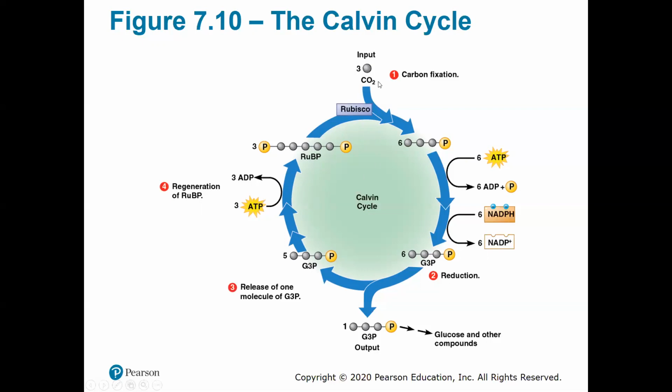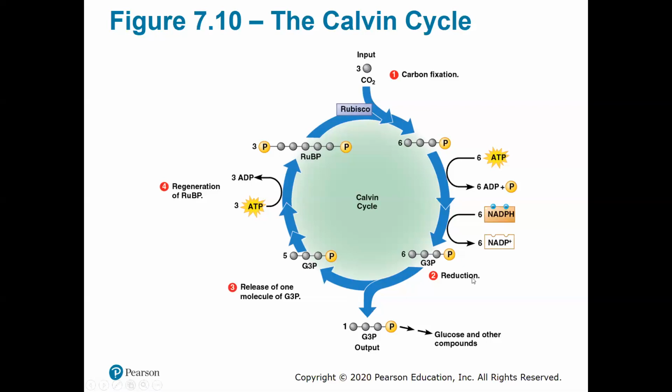Now, if you were to go through and count the number of carbon molecules, you will notice that the only carbon molecules that are actually being changed or repurposed are the ones from carbon dioxide that has been repurposed and used to create a G3P sugar, which has 3 carbons in its molecular structure.